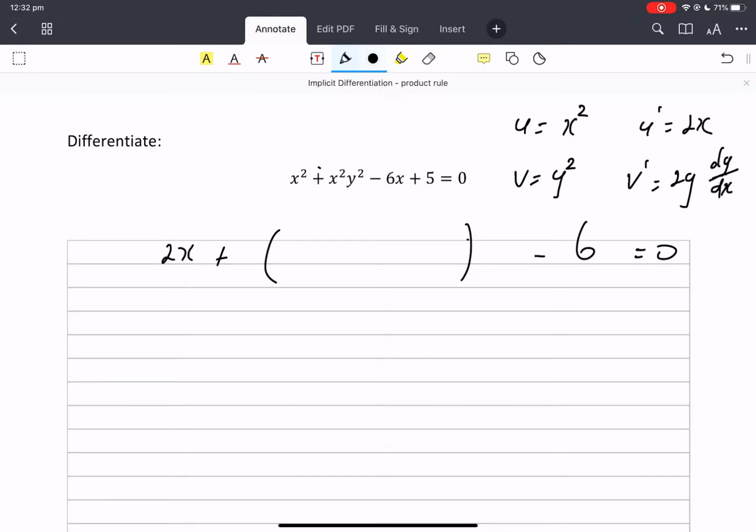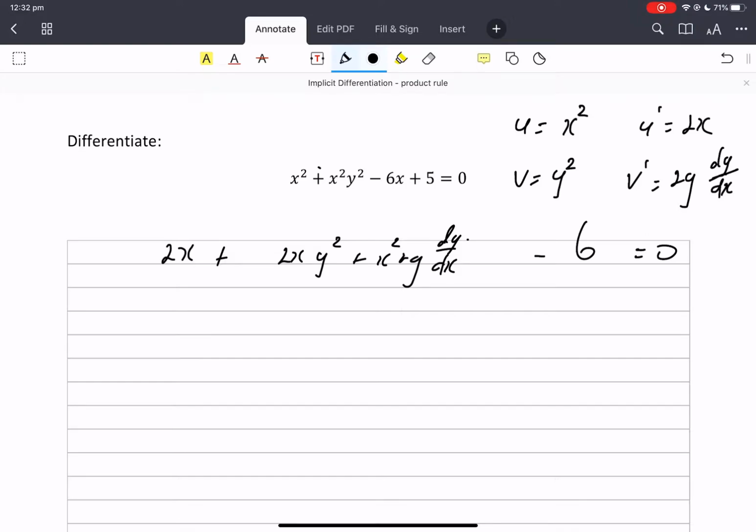dx. Okay, so it's going to be v u dash plus u v dash. Because that's not a negative, let's just get rid of those brackets. Then all we need is this dy dx.